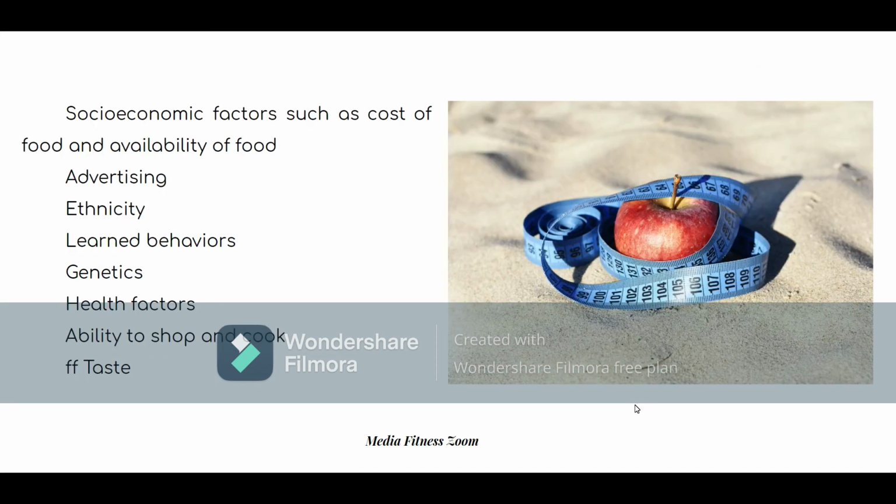Socioeconomic factors such as cost of food and availability of food are also very strong factors that affect our food choice. Sometimes it's quite difficult to have a meal with enough fresh fruits and vegetables, and enough proteins.